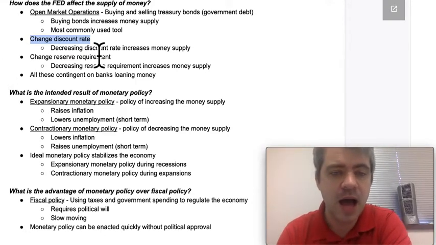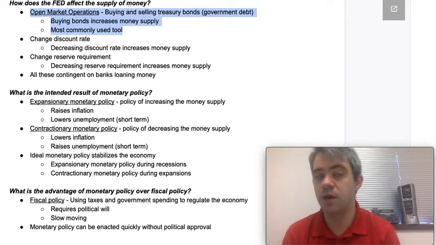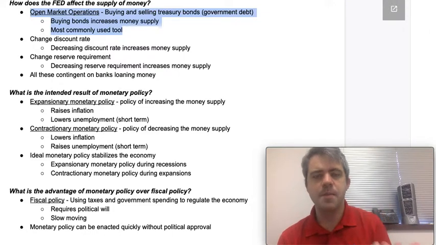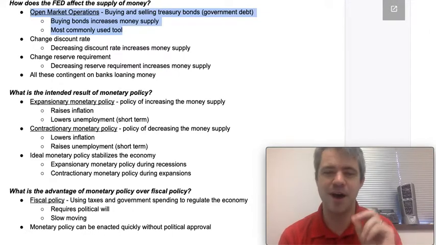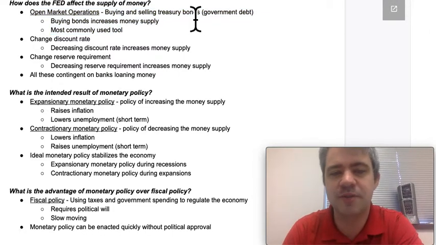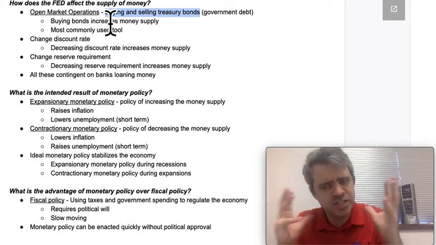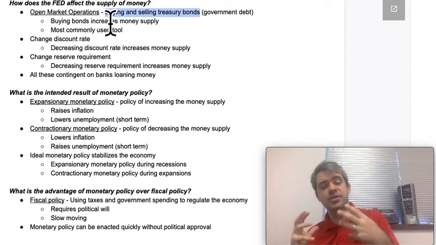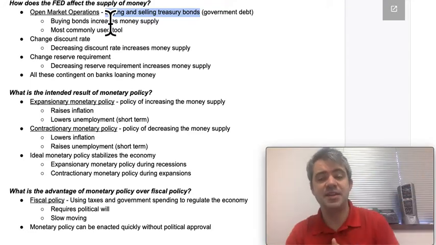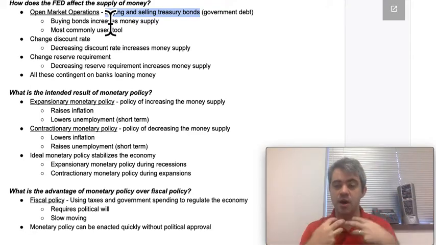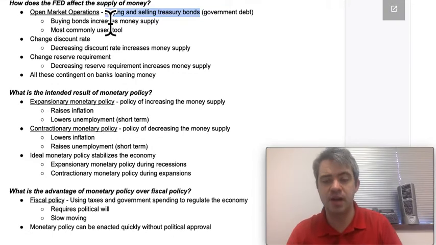Finally, we have what's called open market operations. Open market operations is the buying and selling of treasury bonds, okay, government debt. So whenever you hear, oh, the government's in debt, well, what they do is they sell these treasury bonds, and in return, they receive the cash that we run the country with.